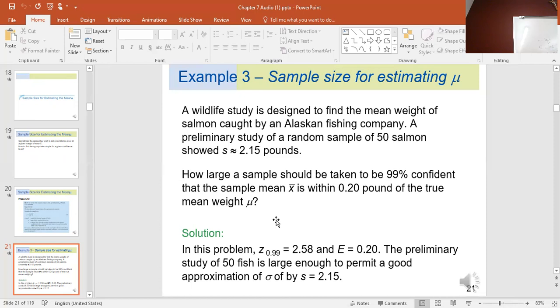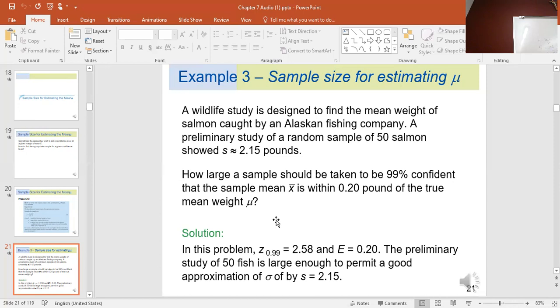You tell me you can't know until I buy some to sample. I say okay, I am ready to invest, but can you give me the minimum number of salmon we should purchase so that I am 99% confident that when I get the average from that sample, I am not going to be wrong by more than 0.25.